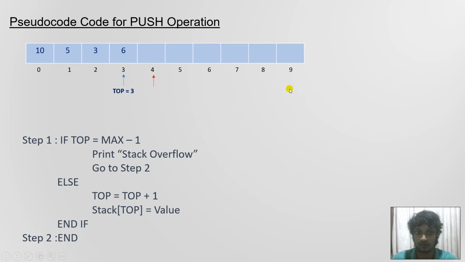Therefore top equal to 9 means it is in the maximum position, so there will be no space available to store a new element. So a message called stack overflow will be printed, which means our stack can't store any elements. It already has the maximum number of elements. Therefore if we perform an insertion operation on that stack, there will be overflow. So the message will be stack overflow.